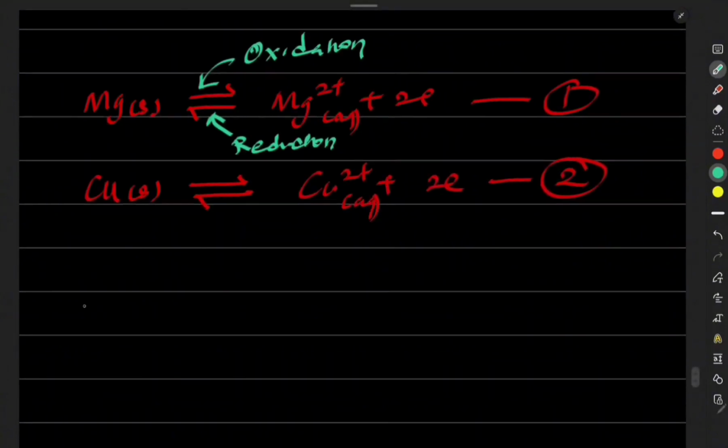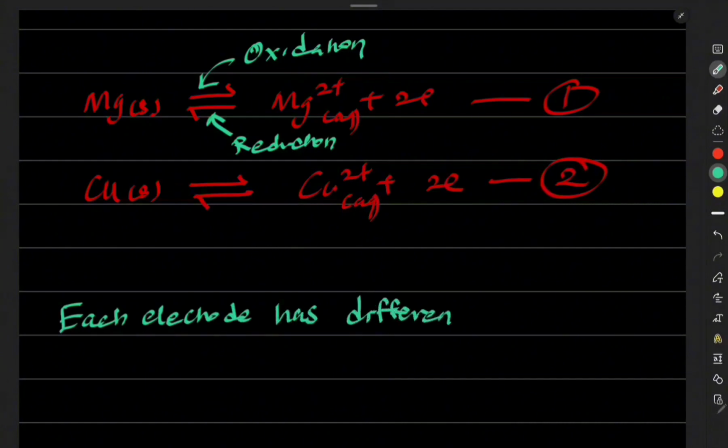Okay, let's write it down. Each electrode has a different electrode potential.